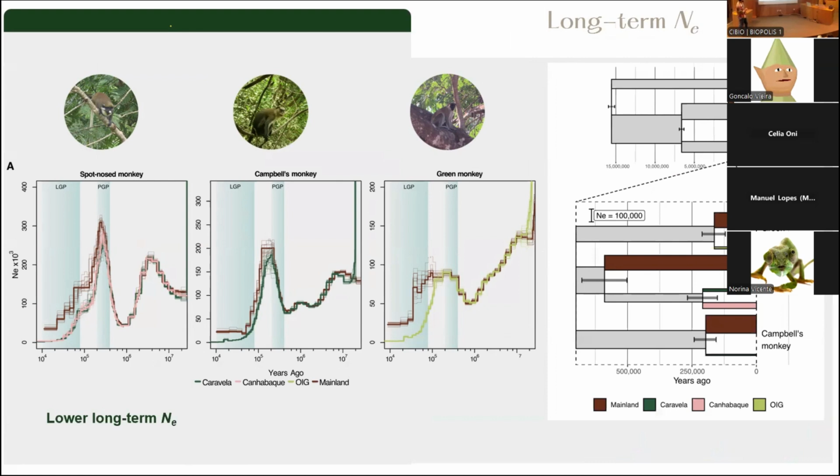Regardless of the species, we see that island populations have had a lower long-term effective population size than the mainland counterparts, and it's the same on the BPP analysis. So the mainland, which are the brown ones, have much higher effective population size than the insular populations.